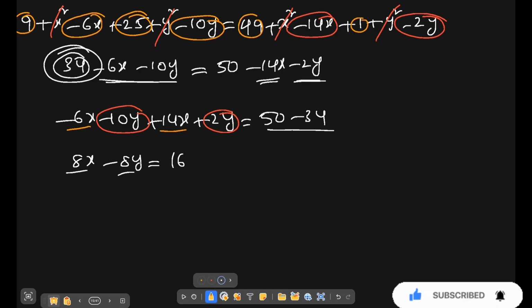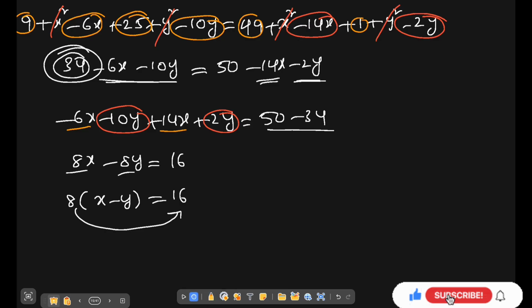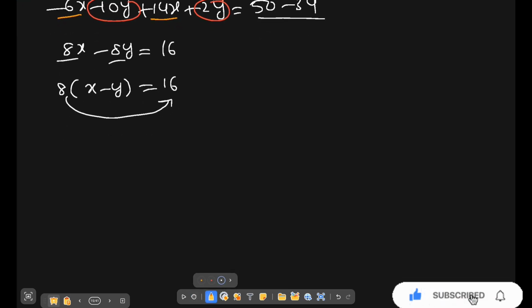So from here you can take 8 common. If you take 8 common, x minus y is equals to 16. Send this 8 right side. If you send 8 right side, it becomes x minus y is equals to 16 by 8. So we can cancel: 8 ones are 8, 8 twos are 16. Now it becomes x minus y is equals to 2.